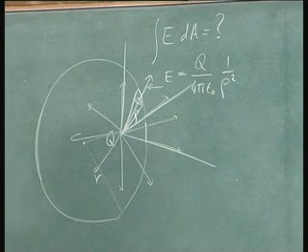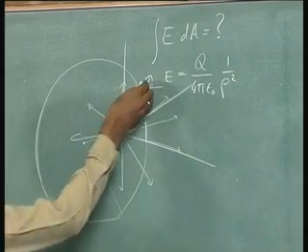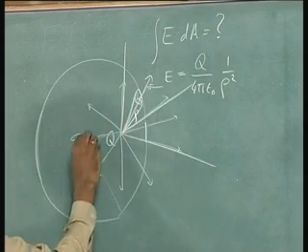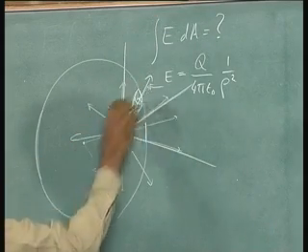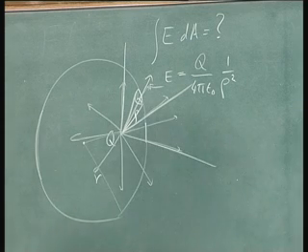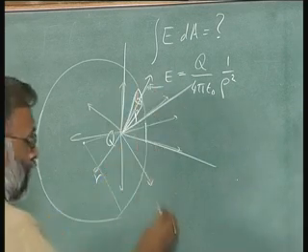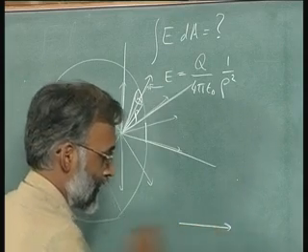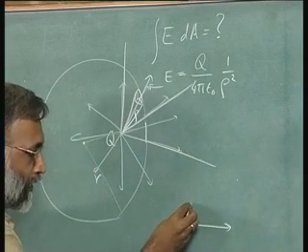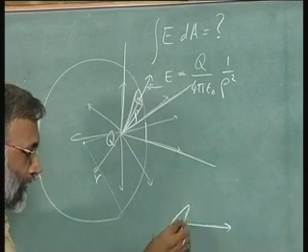Now the problem is this electric field is pointing this way, but if you ask what is the surface pointing, the surface is tilted. If I look along the electric field, let us say this is the direction of the electric field, the surface is looking like this.